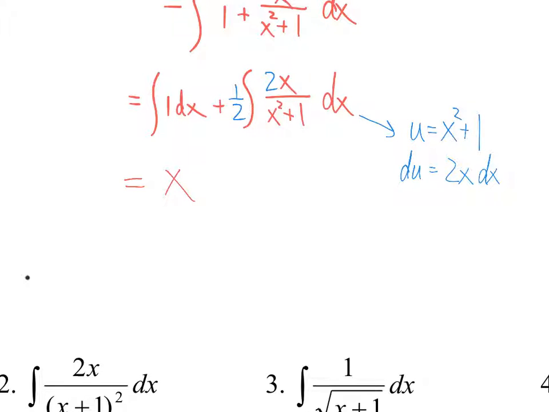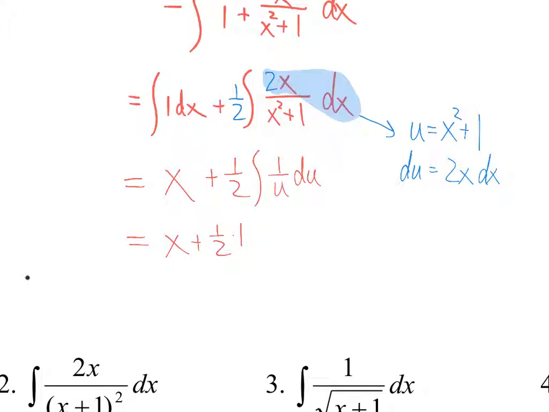And I can see my du is right here. Okay, it's the 2x dx. So now I'm taking 1/2 times the integral of 1 over u du.